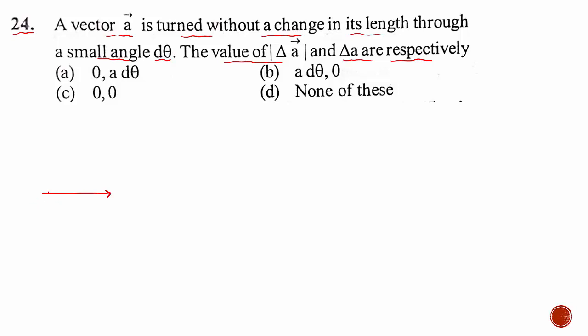It is turning without change in its length. So without changing its length means it will change its position. This is a change in the position, delta A. This is the original position A and this will be delta A.